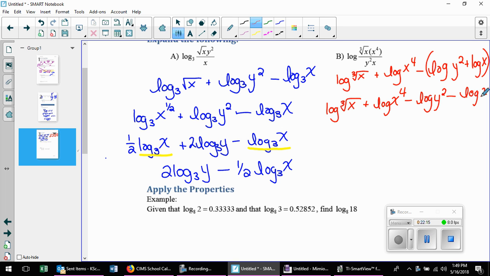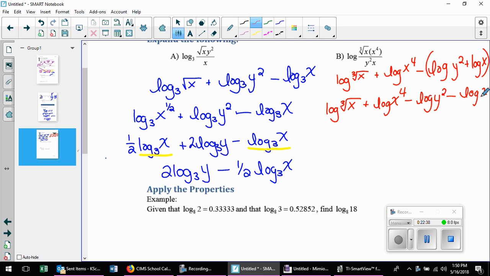Be forewarned though that if you didn't have brackets, this would be incorrect. Because if you said minus log of y squared, that moves it to the denominator. If you say plus log of x, it moves it to the numerator. If you don't have brackets, what this is saying is we're subtracting all of this.